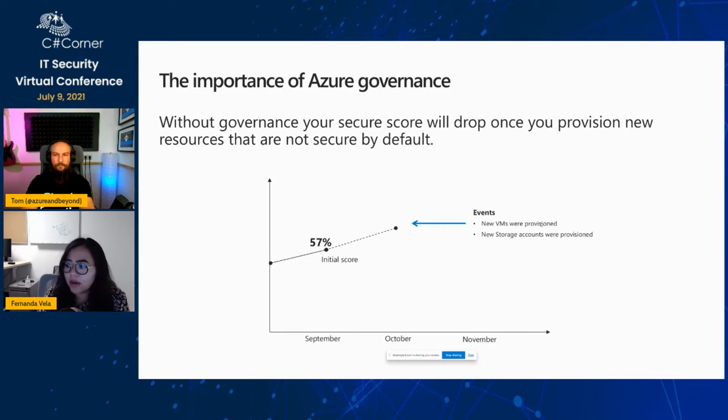And so it is very challenging to strike an effective balance between speed and control within cloud adoption. And without governance, each time, for example, that you are going to start deploying new virtual machines, storage accounts, SQL servers, whatever type of resource that you're providing in the cloud, your secure score will drop, right?